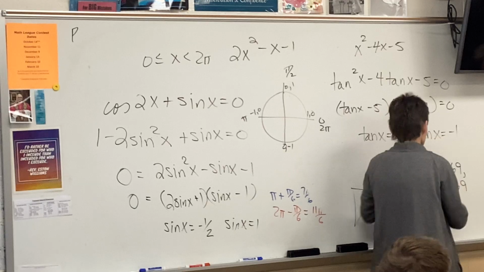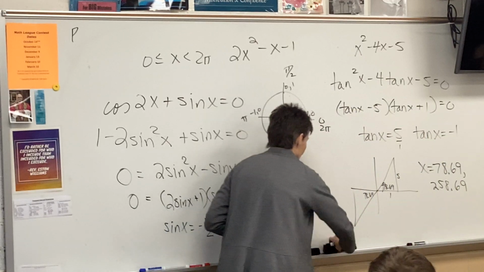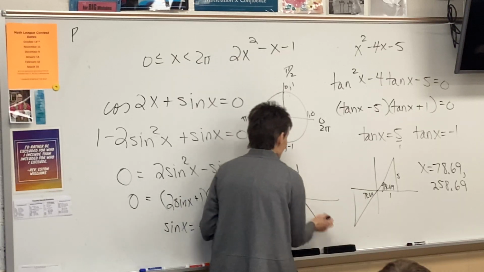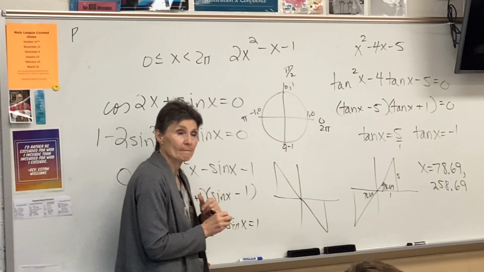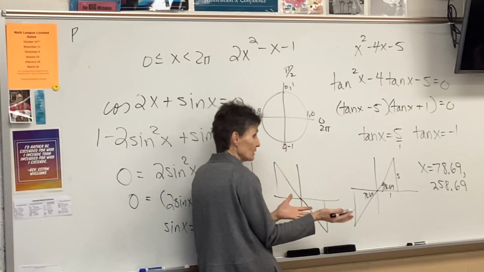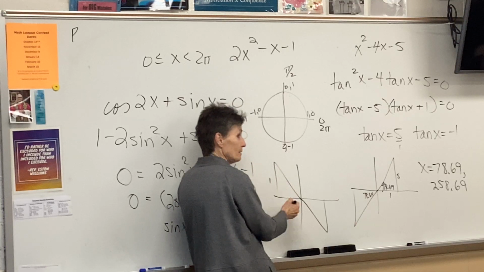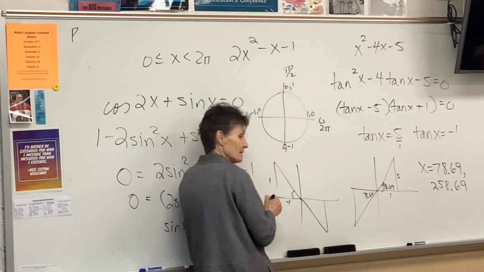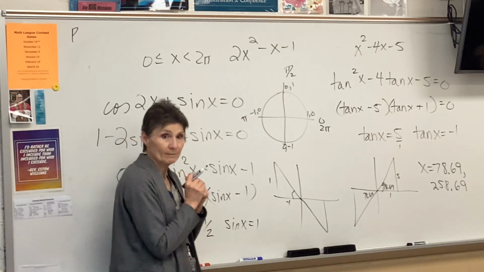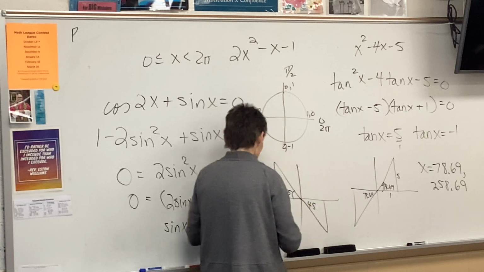Where is the tangent negative? 2 and, yeah, here it is positive. So that would be 2 and 4. This you actually know. You have a calculator, you can use a calculator. But if these are 1 and 1, what kind of angle is that? That's a 45. But 45 is not an answer.